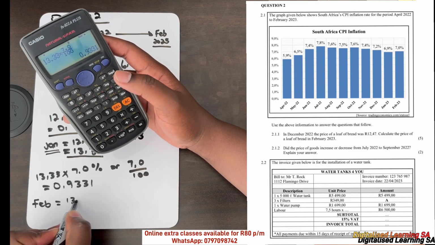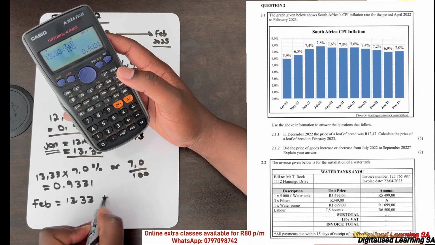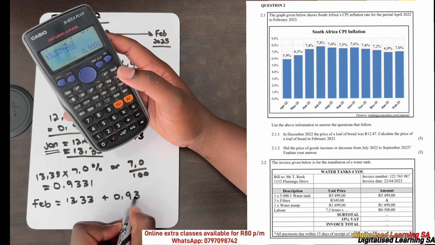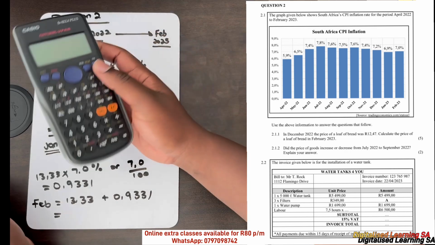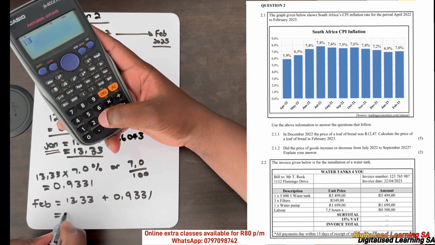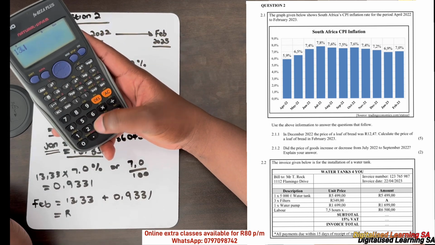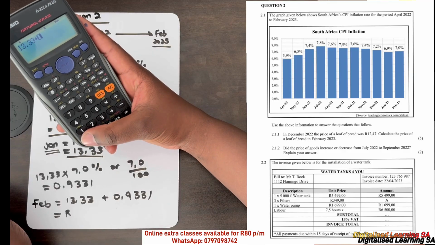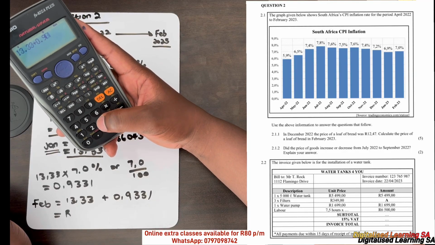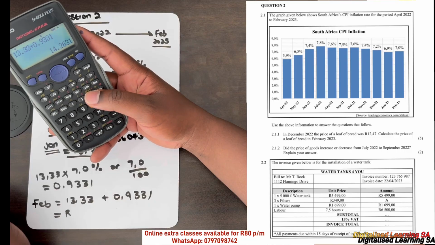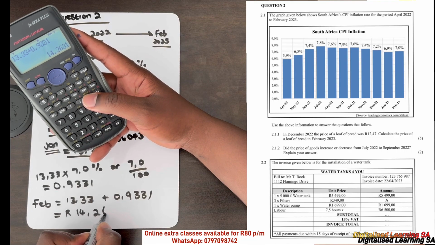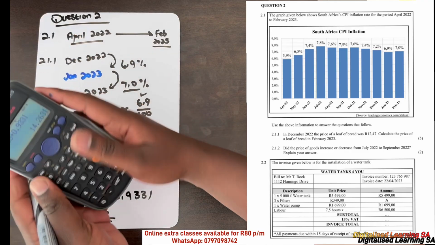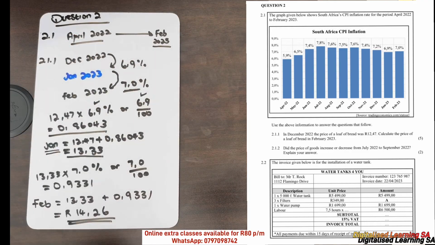So we add 13.33 plus 0.9331, and the price of bread in February will be 14.26, and then we round off to two decimal places.